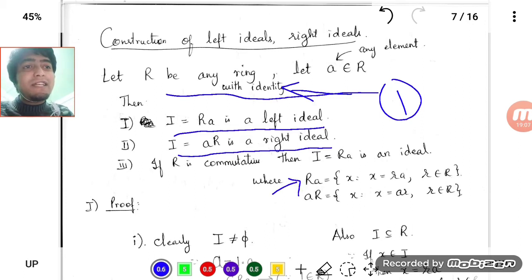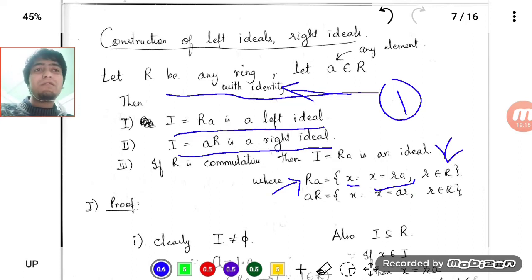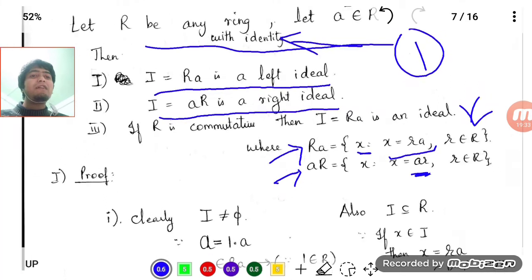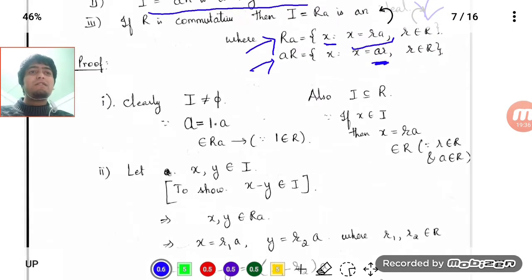RA will be the set of all elements x which can be expressed in this way: x equal to rA, where r belongs to R. So multiply A by all the elements of R and include that in the set. It will be a left ideal if you multiply from the left, and if you multiply A from the right by R, it will be a right ideal.